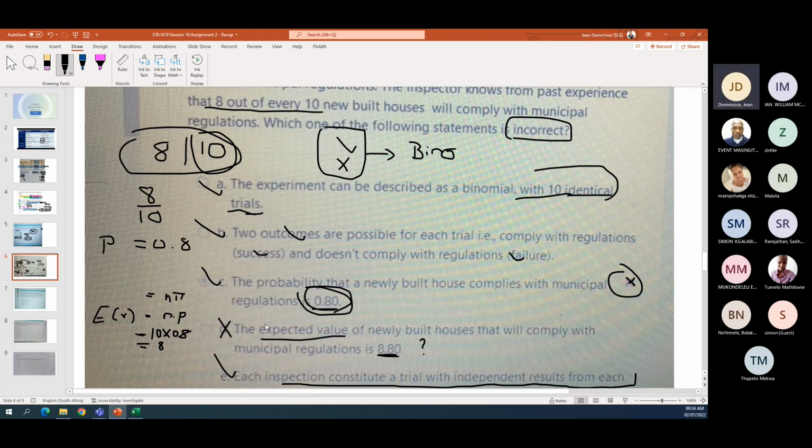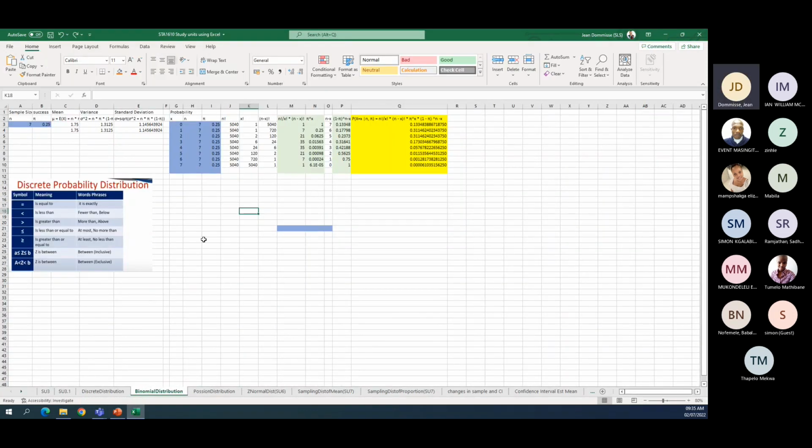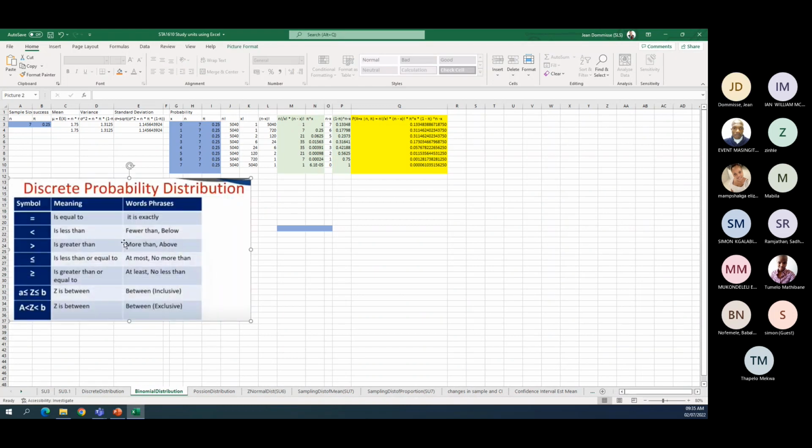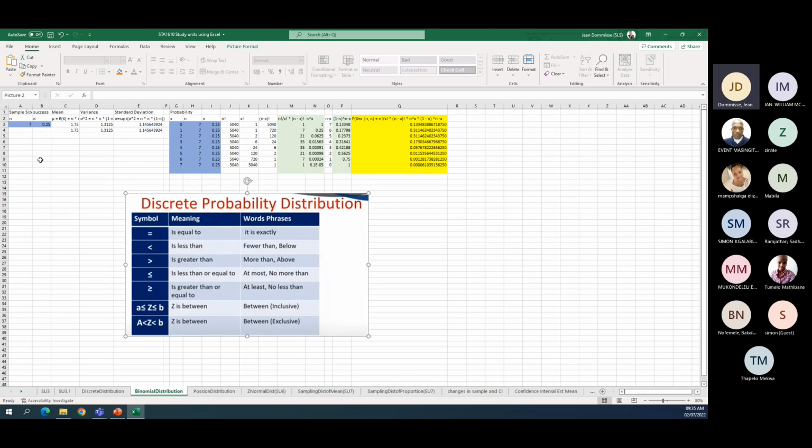For this, again, very difficult to use Excel, but let's look at what is in Excel. And you can see here I've also put in the table. So let's see, what did we have? We had N 10 and we had the probability 0.8.